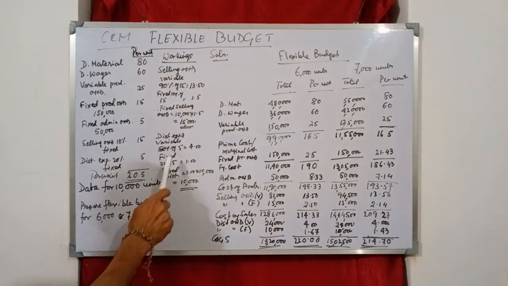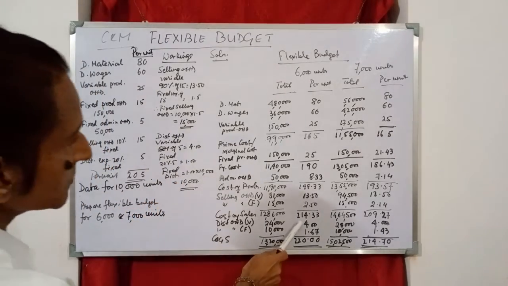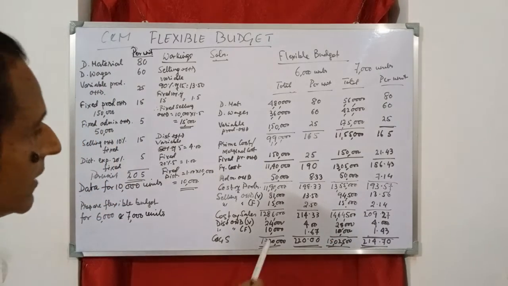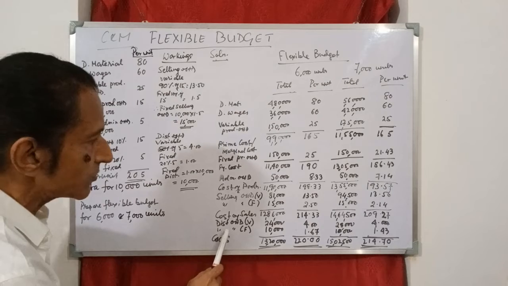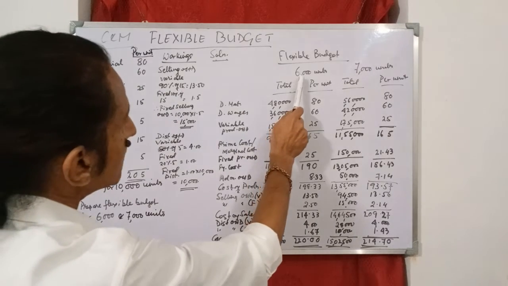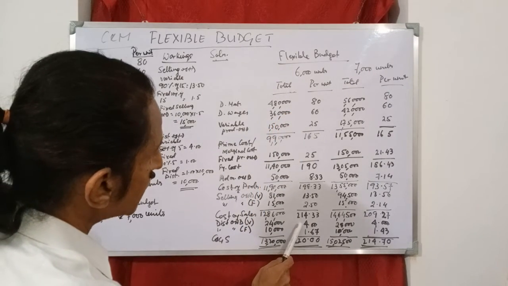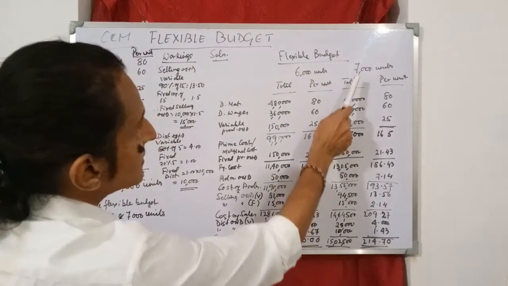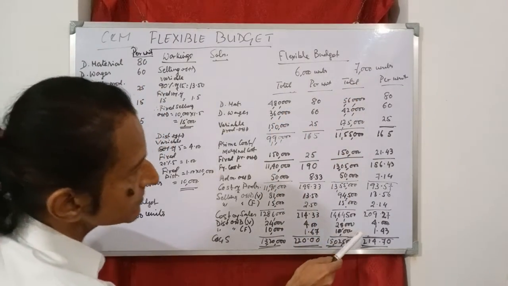The variable part is 4. So in the per unit column we have written 4. And we have found out the total variable distribution overhead by multiplying the number of units by the variable part, is 4 into 6,000, that is 24,000, and here 4 into 7,000, that is 28,000.